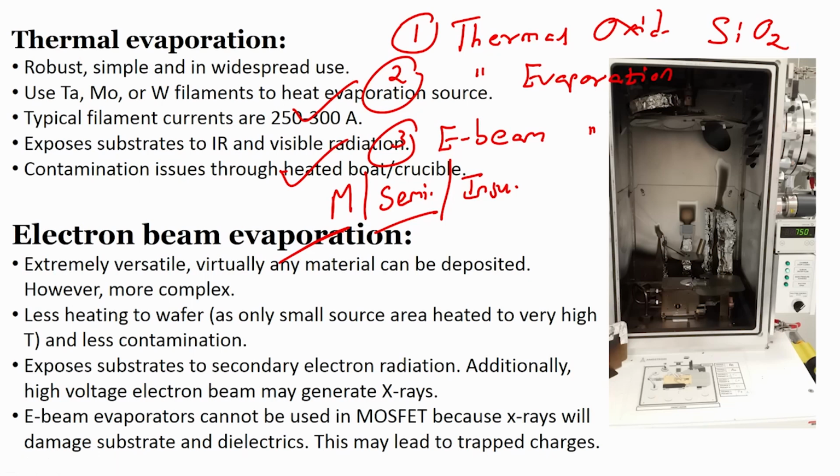Why have we seen this? Because at a certain point in fabricating a MOSFET, we have to deposit metal, we have to grow silicon dioxide, we have to grow different insulators, and that is why we are looking at several techniques that we can use when we design the process for MOSFET. If we know this equipment, then we know what kind of recipes we can use, all right. So, that is the reason for teaching you physical vapor deposition and how we can use it for MOSFETs, all right.